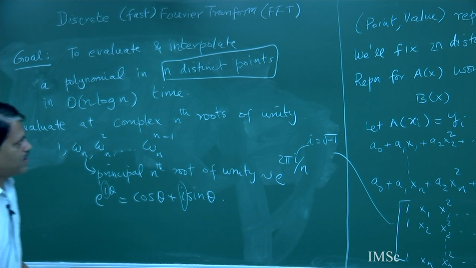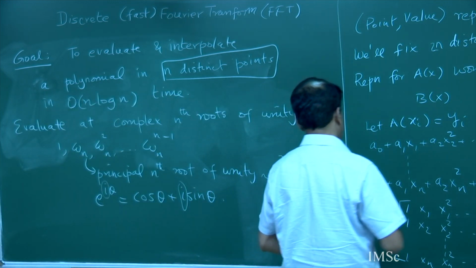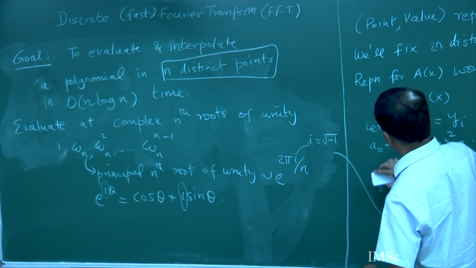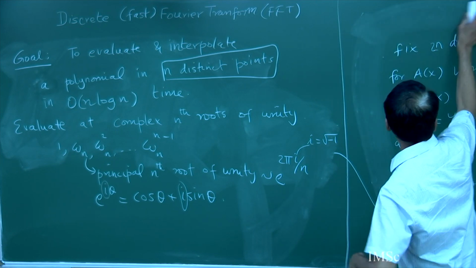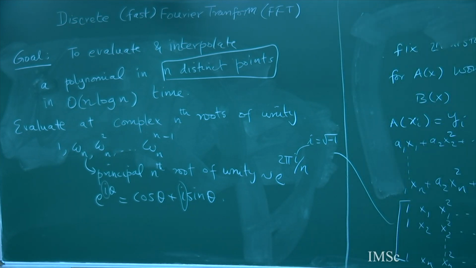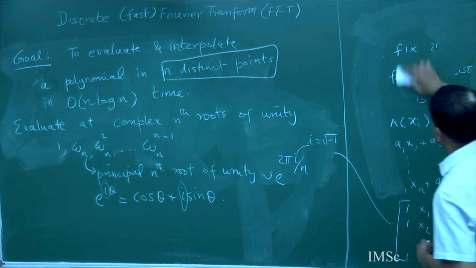So let's come back here and see how I'm going to evaluate, and then we will see that these complex roots naturally have some nice properties for us to evaluate our polynomial.